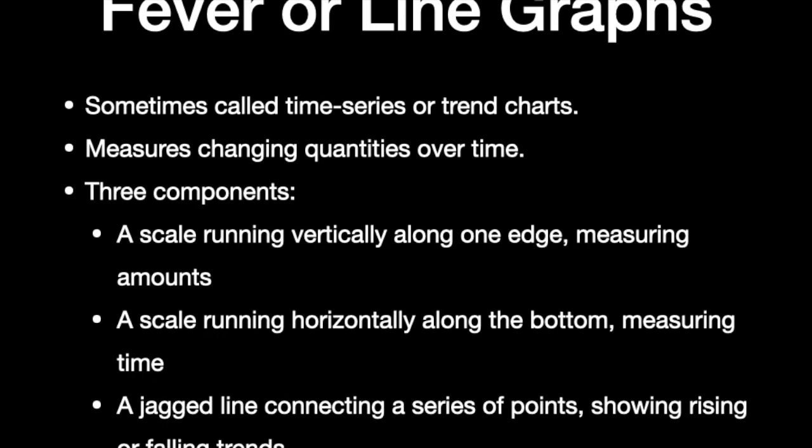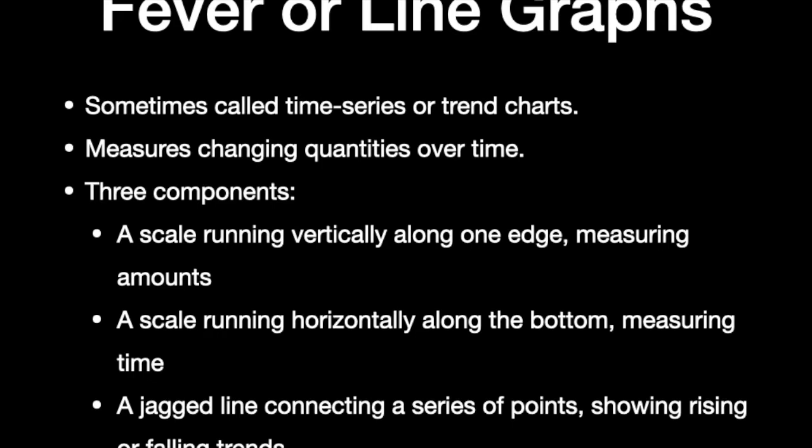And there are 3 components to this as opposed to the 2 components of the bar chart. So we're going to have a scale that runs vertically along one edge, measuring amounts, and then a scale that goes horizontally along the bottom, and that measures time. And then there's the line, of course, the jagged line that connects these points, the time and the measurements, to show rising or falling trends.